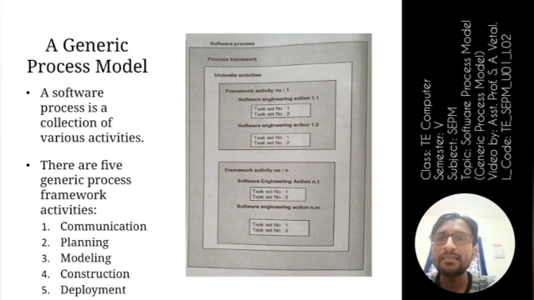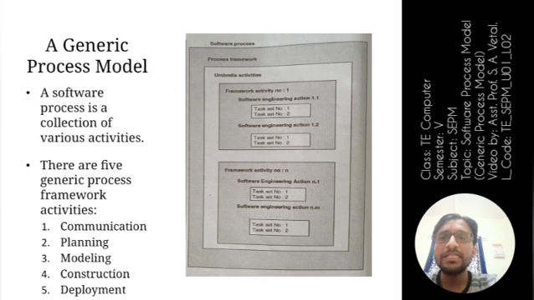Then two actions, software engineering action number 1 and action number 2, form framework activity number 1. Then framework activity number 1 to framework activity number n form umbrella activities, and this same umbrella activity can form a process framework, and the collection of these activities will help us to develop the software.